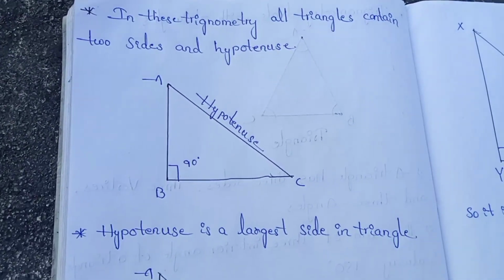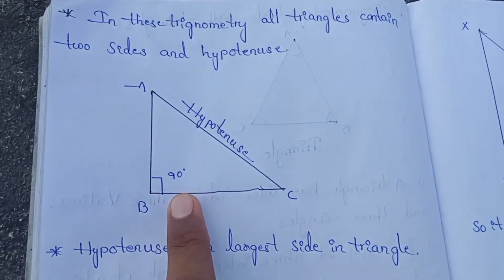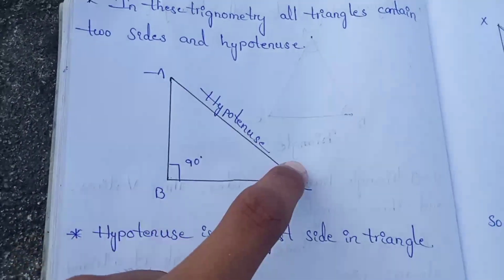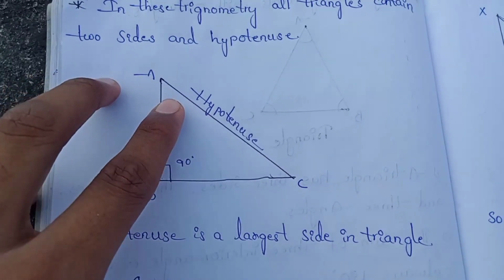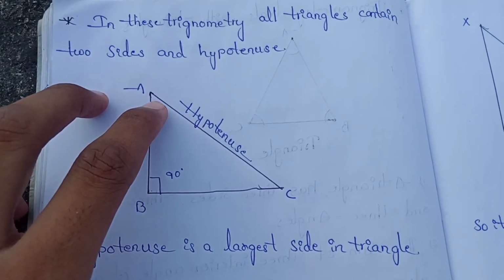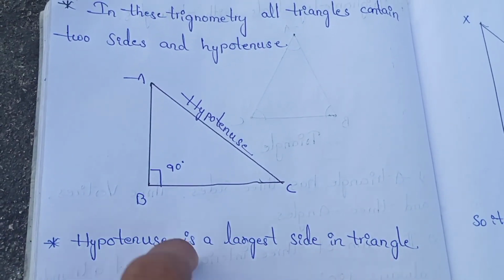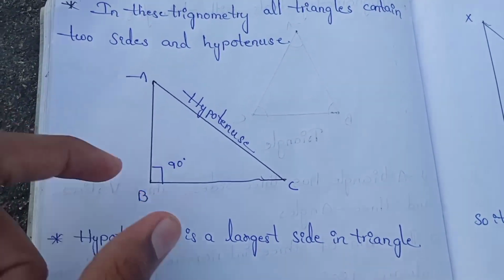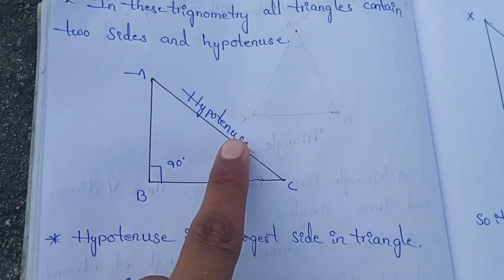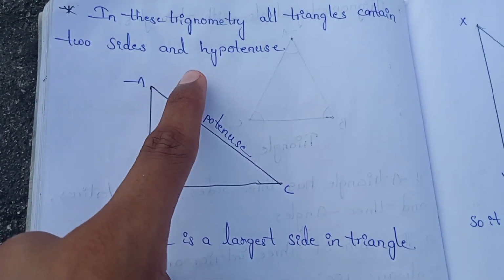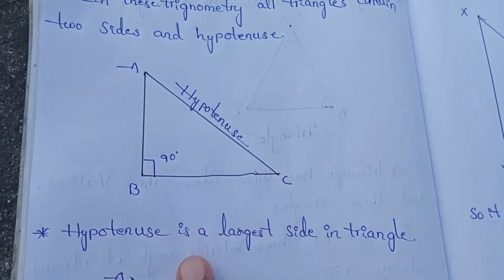Here is a triangle ABC, and here is the hypotenuse. Hypotenuse means the largest side in a triangle. When you compare these sides, it is the largest side. So trigonometry deals with two sides and the hypotenuse.